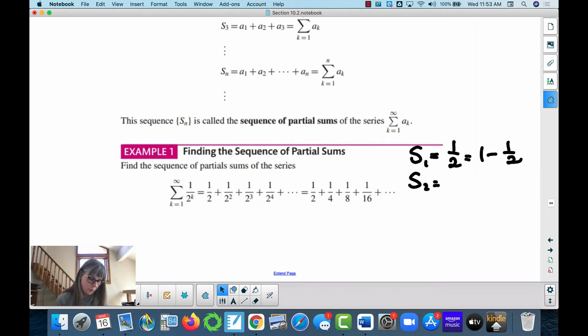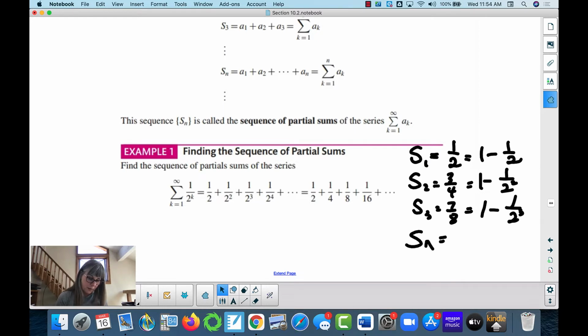S sub 2, we said, was 3/4, and that is going to be 1 minus 1/2 squared. S sub 3 was 7/8, and that's going to be 1 minus 1/2 to the third. So we can see a pattern here where S sub n is going to be 1 minus 1/2 to the n. That's what we're getting each time.